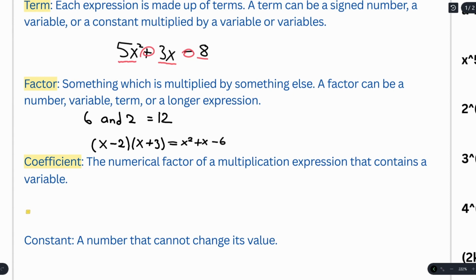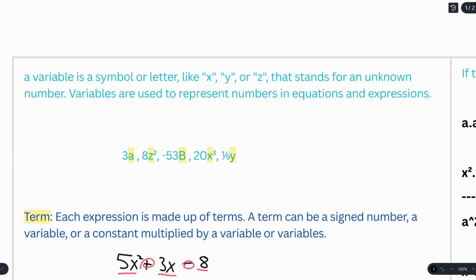Coefficient is the numerical factor of a multiplication expression that contains a variable. So basically, if we have a term that is 7z cubed, in this term 7 would be our coefficient. Let's go up.